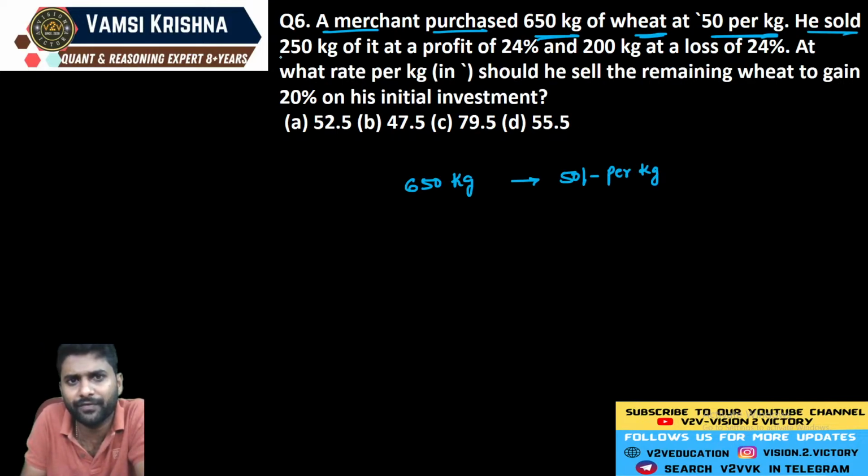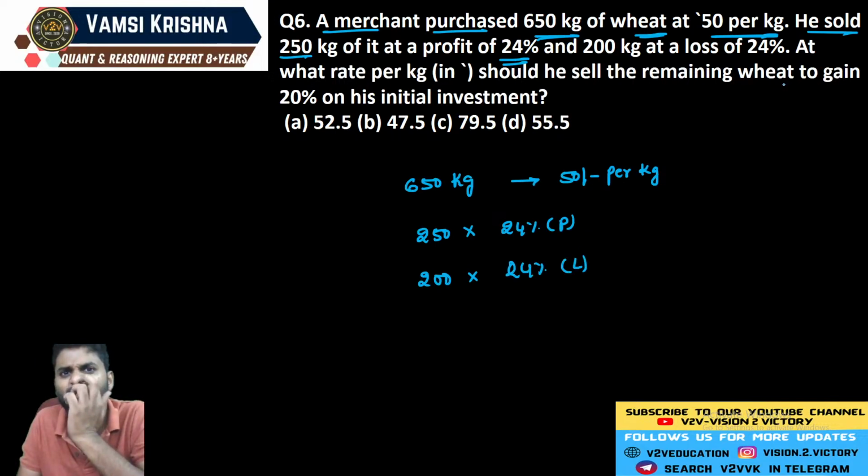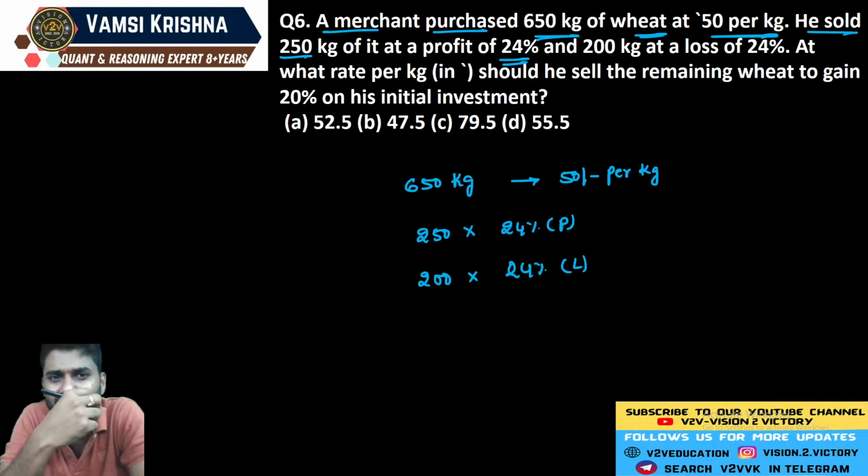He sold 250 kg at a profit of 24%, and 200 kg at a loss of 24%. At what rate per kg should he sell the remaining wheat to gain 20% of the initial investment?